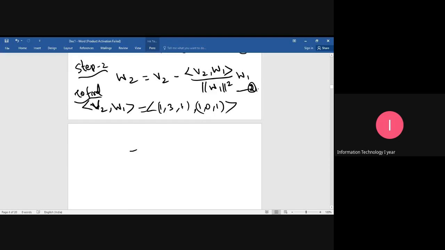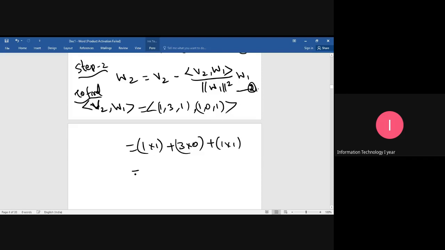Okay. So how do we find the inner product? First element multiplication, 1 into 1, plus second element 3 into 0, plus the third element multiplication 1 into 1.